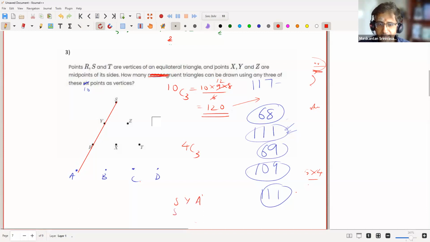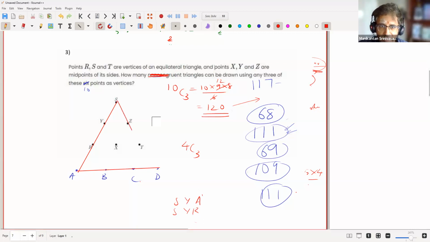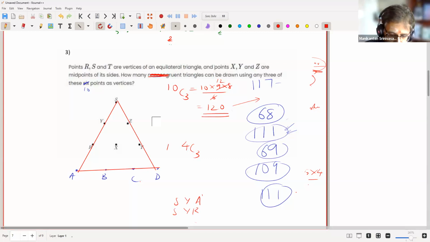Or if I pick S, Y, and R, which was already there in the previous question, that won't be a triangle. Of the 4, if I pick any 3, that won't be a triangle. Similarly, in the direction A, B, C, D, also same thing, right? You have the same restriction if I pick any 3. And similarly, in the direction S, Z, T, D, if I pick any 3, they won't be a triangle. Okay, so I'm not done yet. I'm just saying.